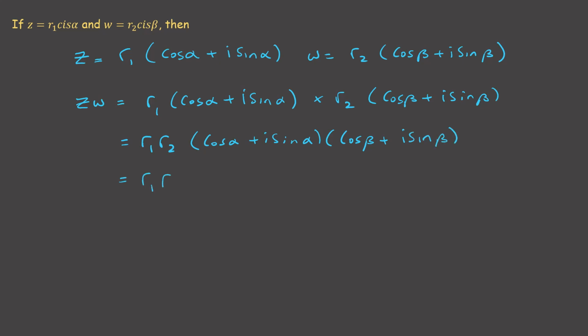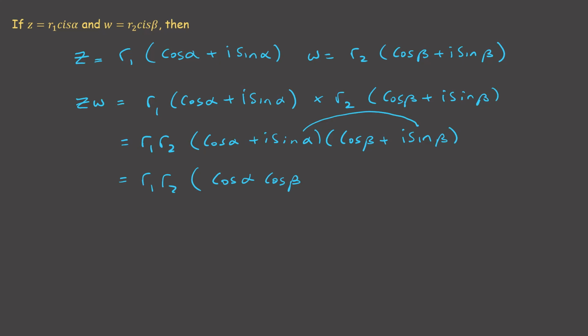So that's R1 R2, and then expanding out we've got cos alpha cos beta, and then if we do this part here, that would give us plus I squared sine alpha sine beta.